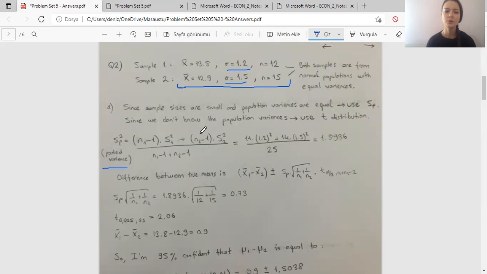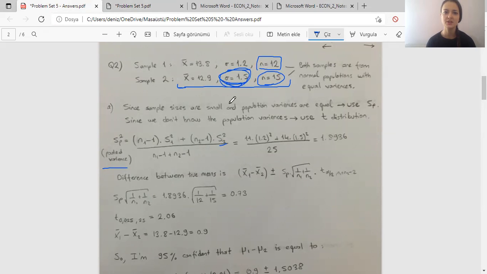The formula is as it's in here: n1 minus 1, where n1 is 12, times the sample variance, plus n2 minus 1, which is 15 minus 1, times the sample variance of the second, which is the square of the given standard deviation.